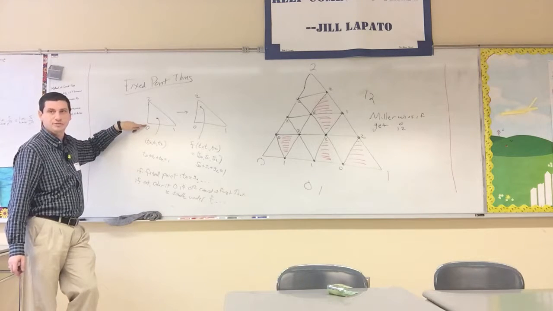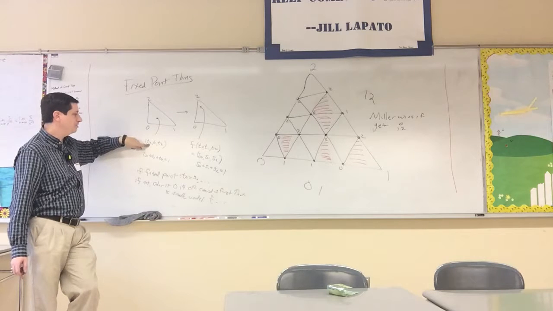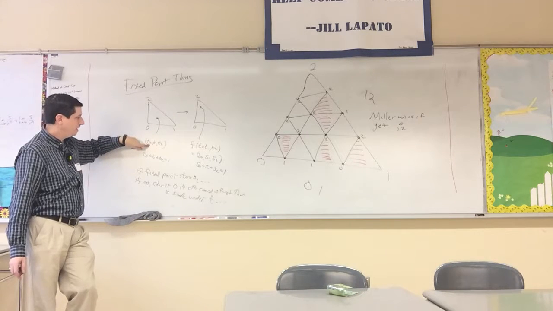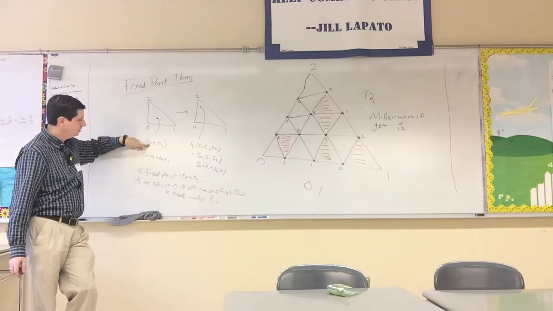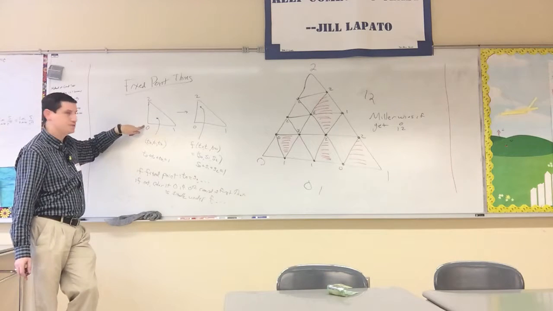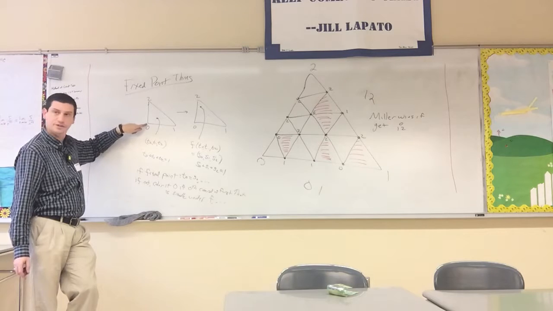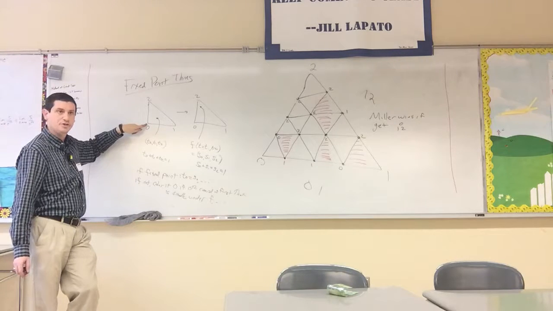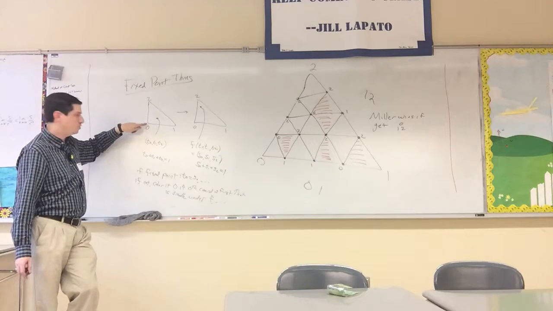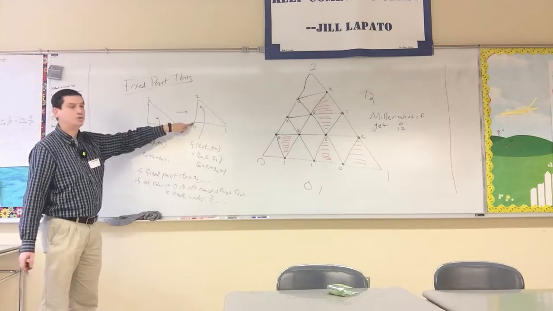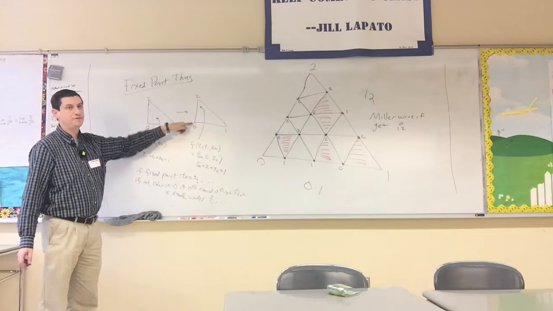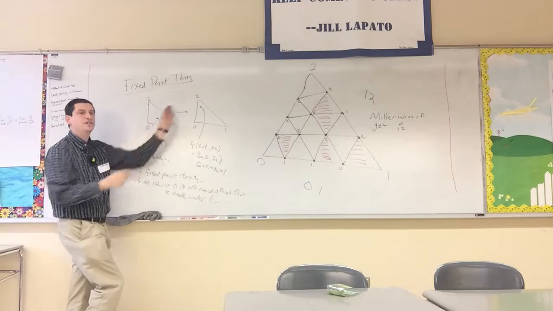It doesn't go to itself, so it's got to move somewhere. So t0 had to get smaller, because here was 100%. It was all on 0, and because it's not a fixed point, I can't have everything here, so I had to move it out.